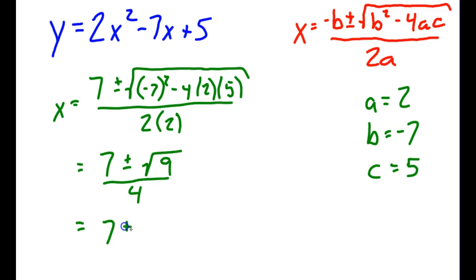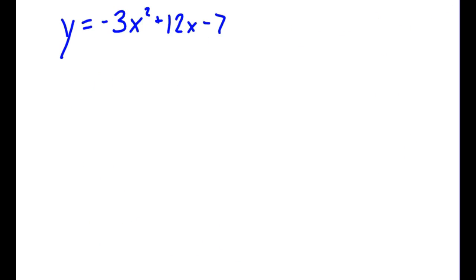We have 7 plus or minus 3 divided by 4. 7 minus 3 is 4. 4 divided by 4 is 1. And then 7 plus 3 is 10. 10 divided by 4 simplifies to 5 over 2. So our two solutions in this case are x equals 1 and x equals 5 halves.